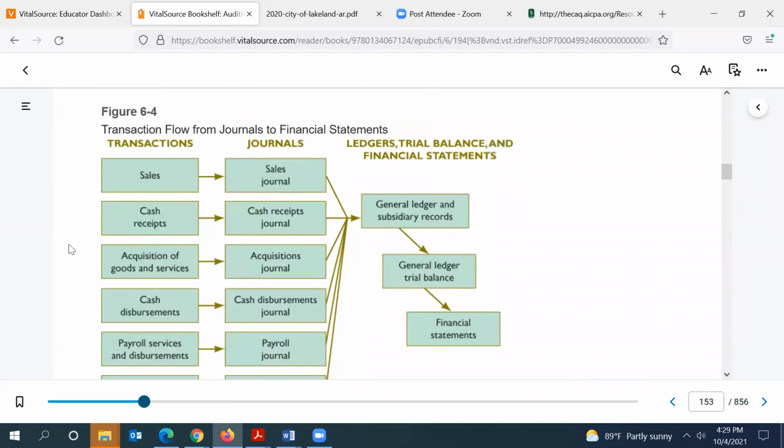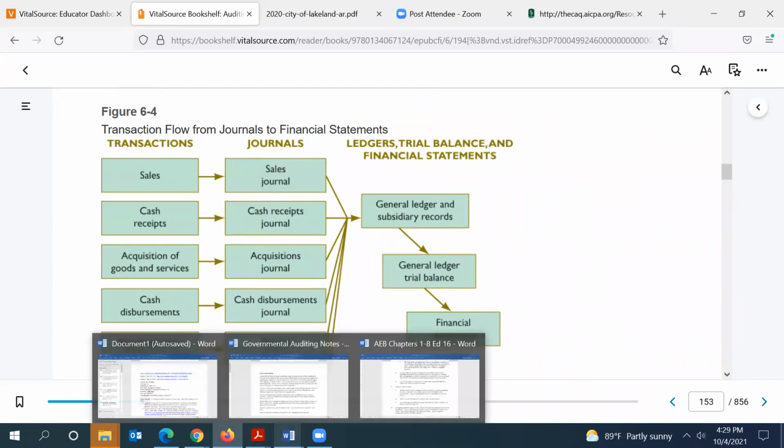Here in figure 6.4, we simply show the accounting cycle, starting from transactions to journals, general ledger and subsidiary ledgers, to the general ledger, trial balance, and finally financial statements. Just wanted to show you that. Again, I won't test you on it.